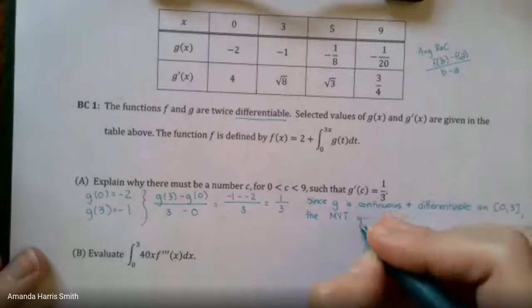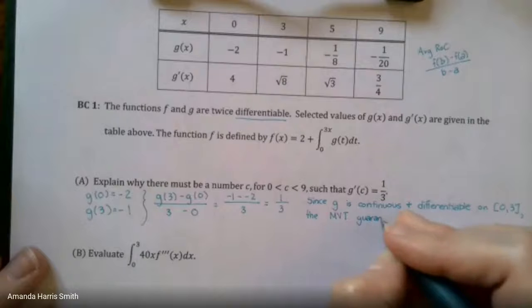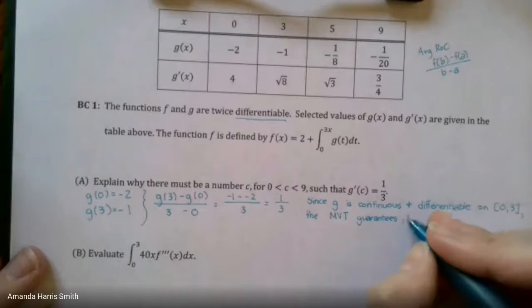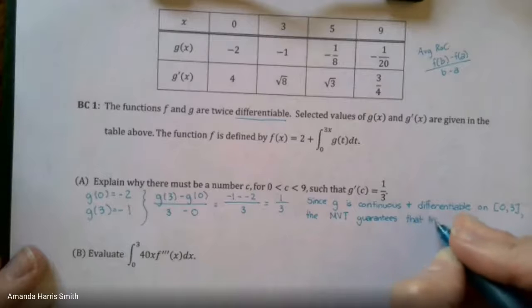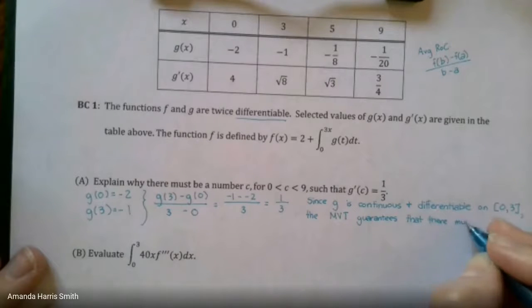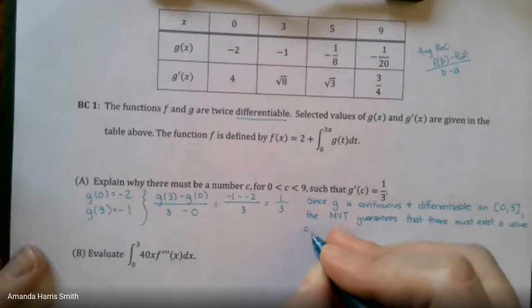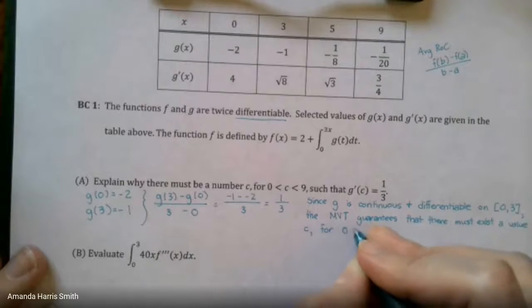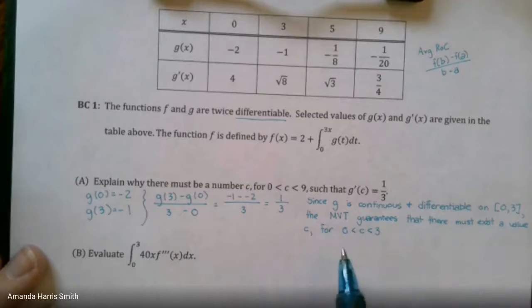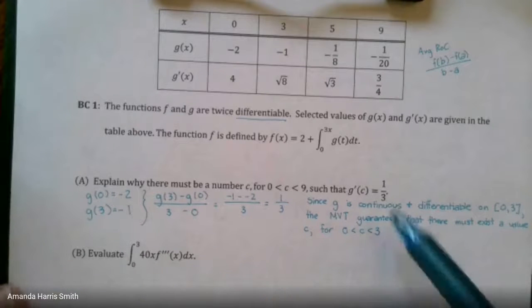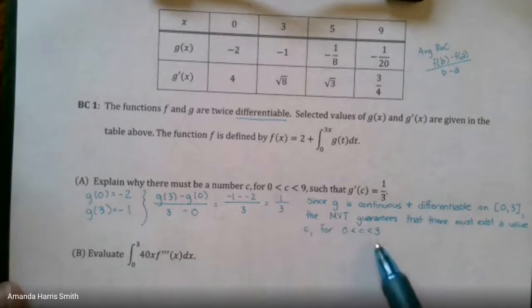The MVT guarantees that there must exist a value C for 0 less than C less than 3. And again, I'm just saying 0 to 3 because that's actually more specific than what we were asked to do, right? We were just told somewhere between 0 and 9. We've actually narrowed it down a bit, but again, it's fine here if you say 0 to 9 because that's what they gave you to work with. So really doesn't matter.